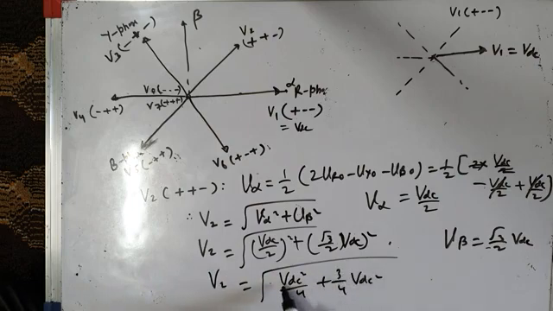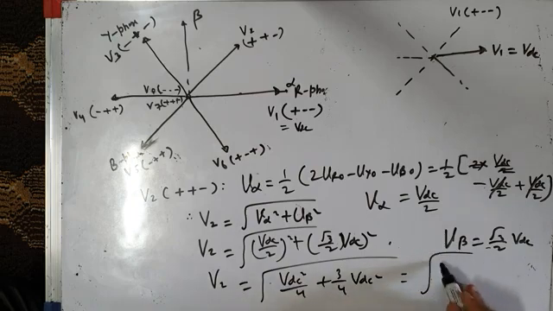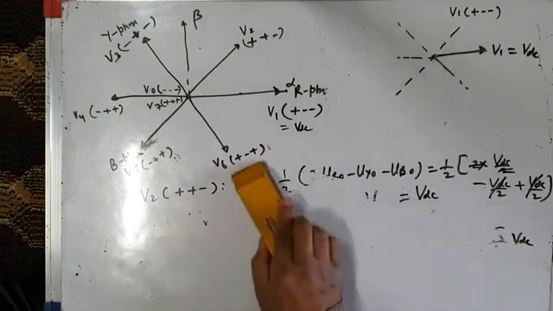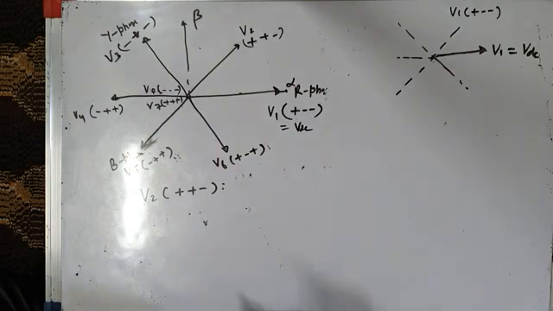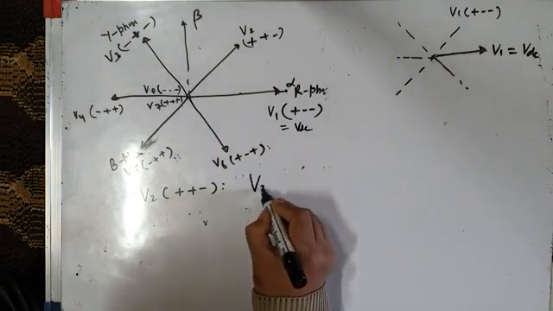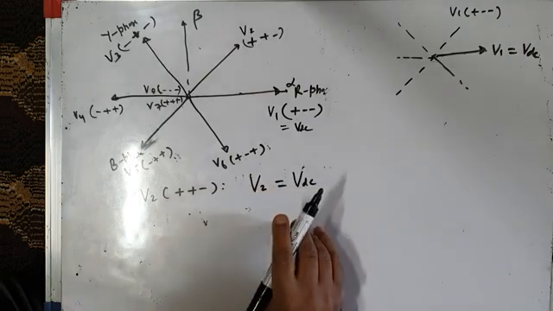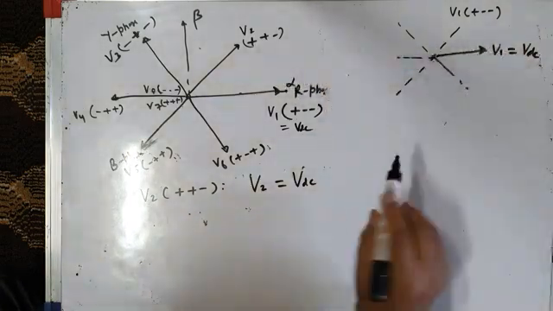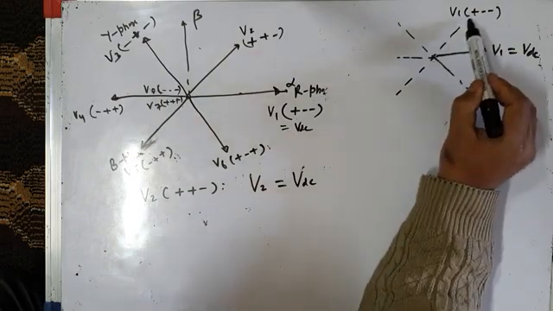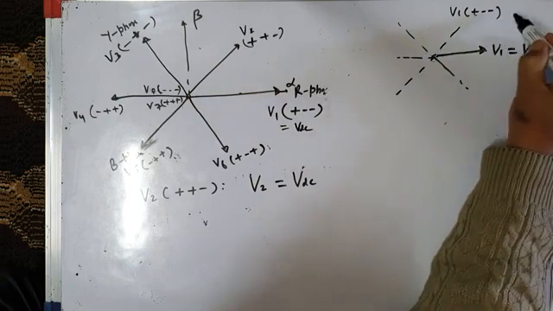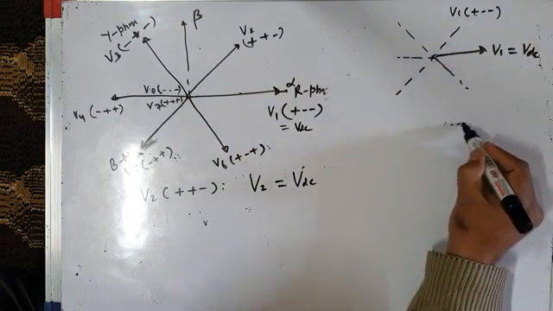See, 3 plus 1 is 4. That is under root of 4 VDC square by 4. 4 by 4 is 1, so that is equal to VDC. So this switching state will produce a vector V2 whose magnitude is also VDC, but it will not be along alpha axis, it will be along this axis, because the switching state is plus plus minus. So this plus plus minus, I can draw it again.